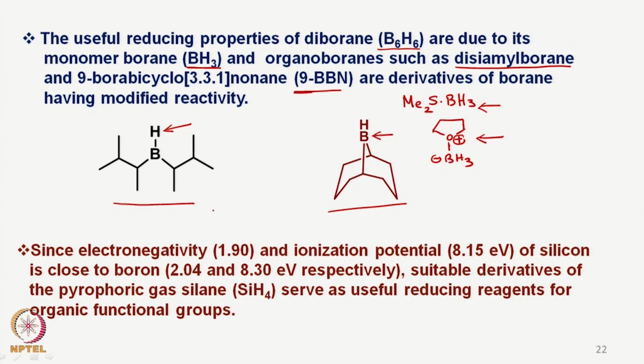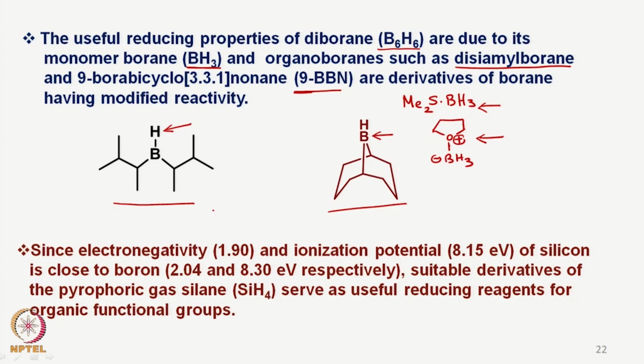They are very useful reducing agents, and they are bulky reducing agents, and they offer similar type of reactivity as normal borane, but with a modified reactivity in terms of steric hindrance.